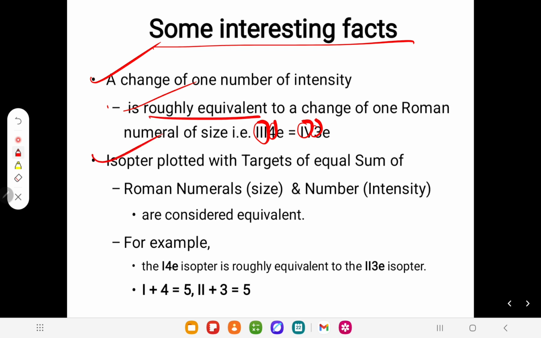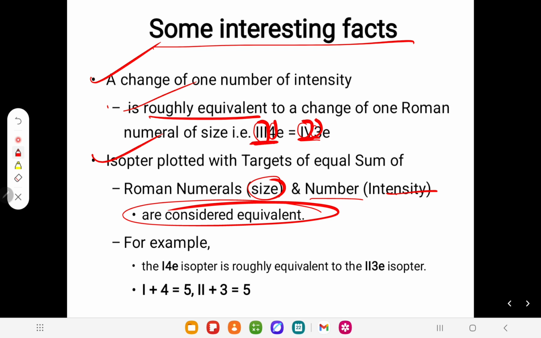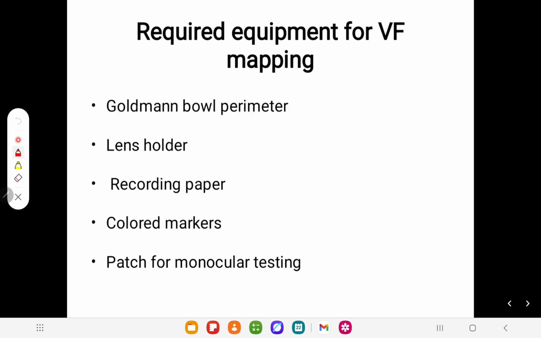Okay, an isopter is plotted with targets of equal sum of Roman numeral size plus number intensity, considered equivalent. Basically, 3 and 4 is 7, and 4 and 3 is 7, isn't it? For example, 4 plus 1 is 5, 2 plus 3 is 5. So we sometimes see like this.